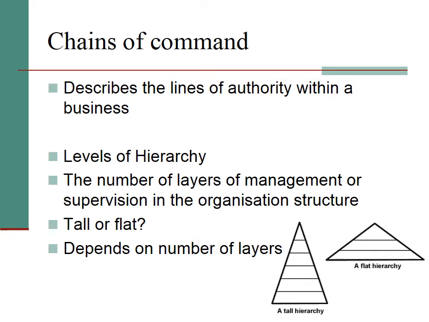When we look at the authority, it's easy in a diagram, but perhaps it gets a bit overwhelming if we were to add everybody. So the levels of hierarchy are the number of layers of a management or supervision in an organisational structure. We've just finished talking about span of control. Now, if you look at the picture for a flat hierarchy, that's likely to have a wide span of control, and you can see that by the extra width involved in the triangular shape.